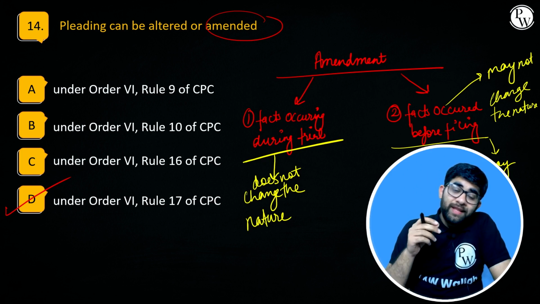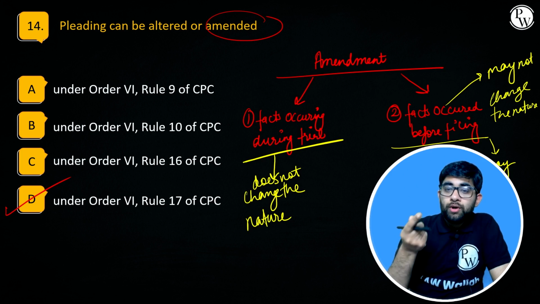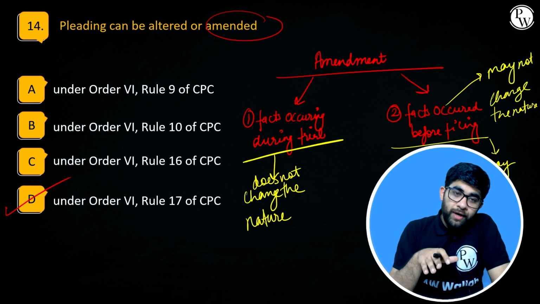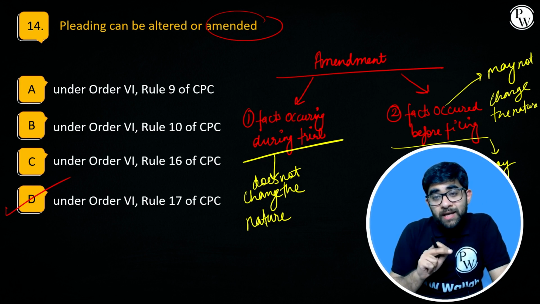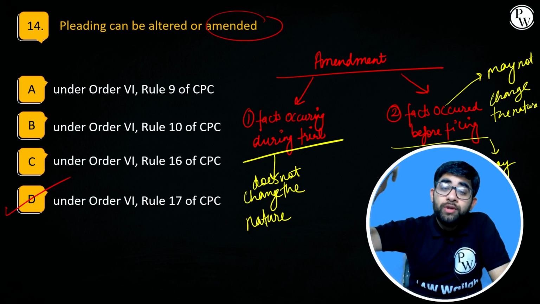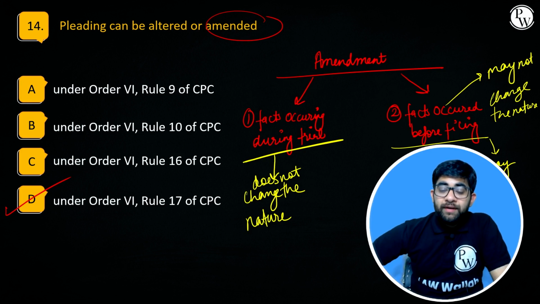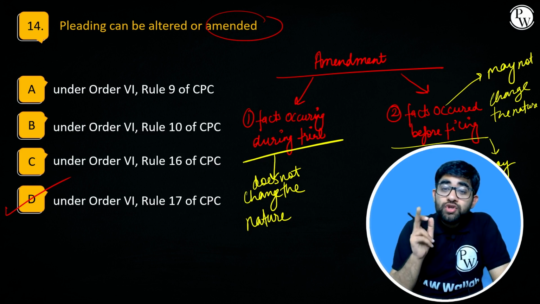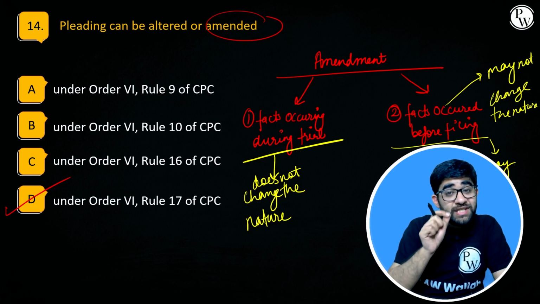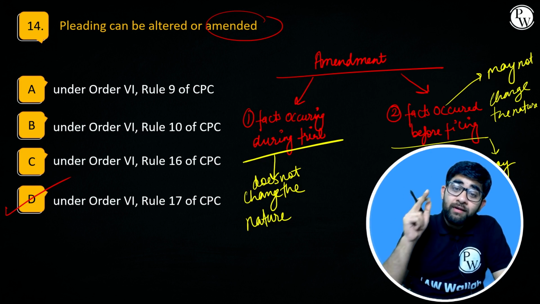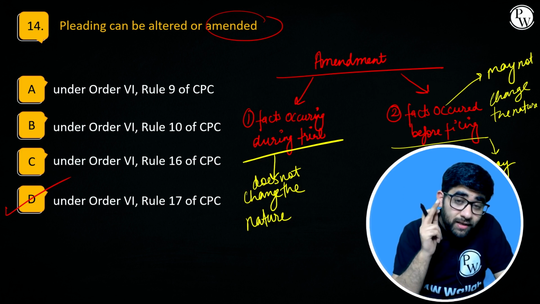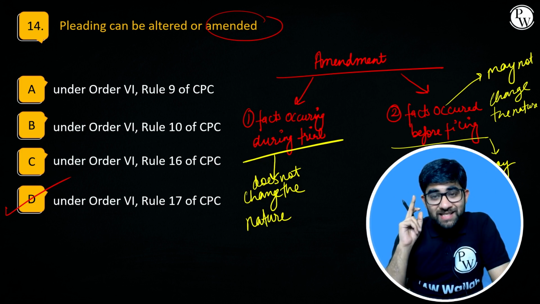For that, the court will say, if you want to withdraw this probate petition, withdraw it, or if you want to amend the same, I will issue notice again to the defendant. Why? Because the nature of the suit has been changed. If there is a change in the nature of the suit, the trial will start from its inception again.